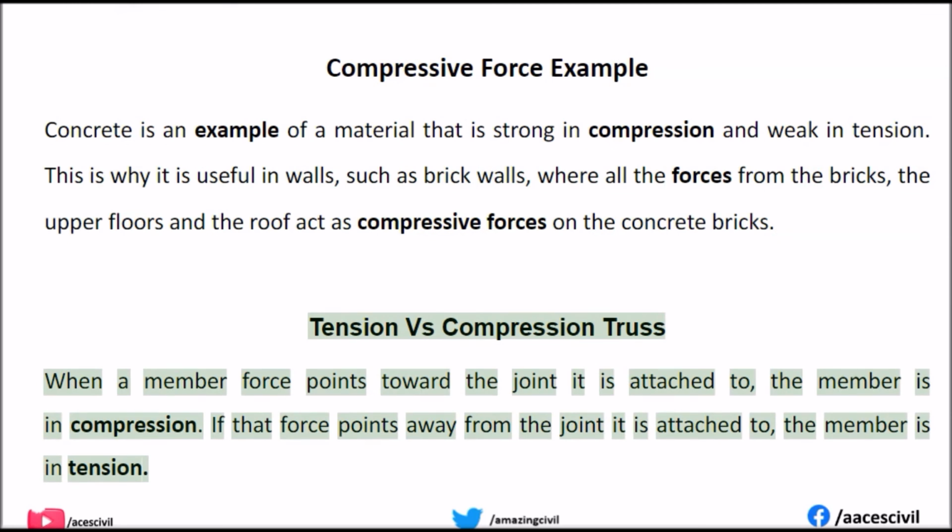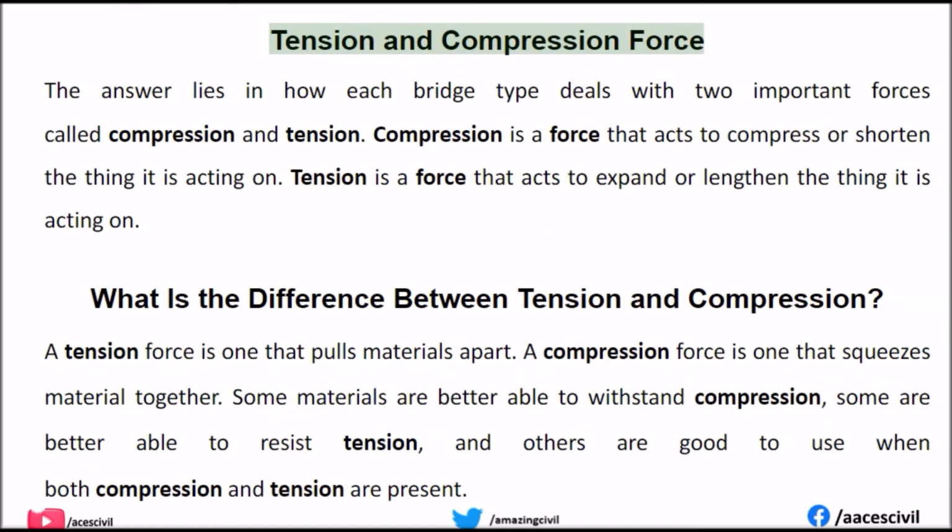Tension vs compression truss. When a member force points toward the joint it is attached to, the member is in compression. If that force points away from the joint it is attached to, the member is in tension. Tension and compression force.